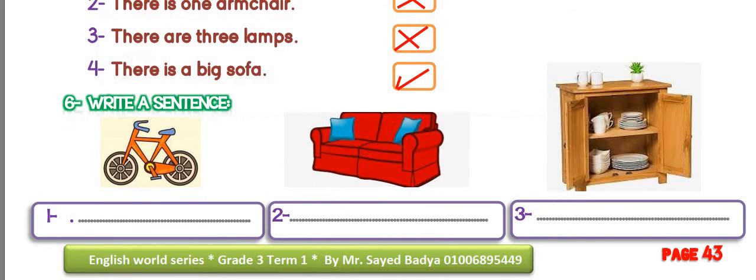تعالى نحل ده. This is a bike. This is a bike. أو واد شاطر خالص يقول إيه؟ Bike is made of metal. طب واد عبقري بقى أو بنت شاطرة جدا هتقولي بقى: bike is made of metal. العجلة مصنوعة منين؟ من ميتال.